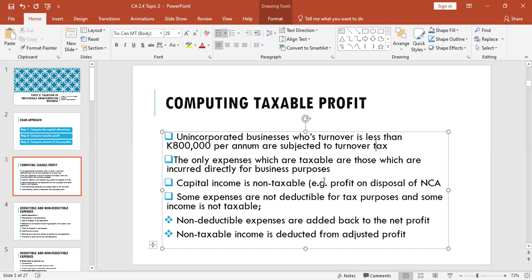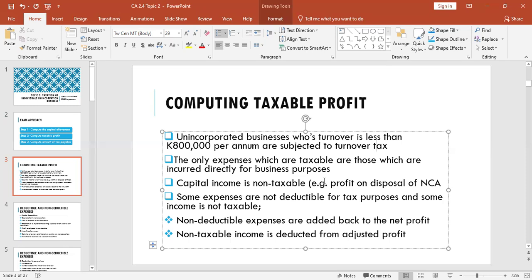So we're going to add it back to the net profit, so that we can charge taxation on a larger amount, as opposed to an amount which is net of depreciation. Depreciation is a notional expense. There's no money that goes out of the business, but for accounting purposes we deduct it from the gross profit.